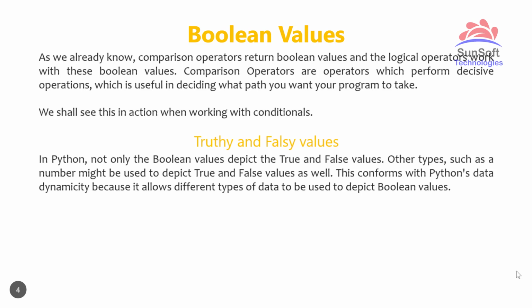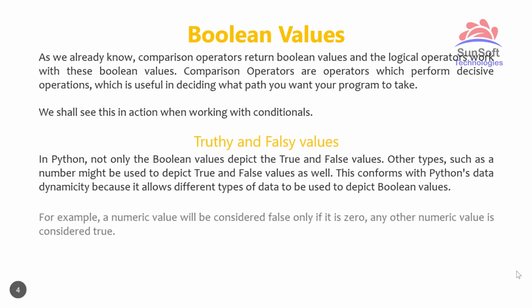This conforms with Python's dynamicity because it allows different types of data to be used to depict Boolean values. A numeric value can be considered false only if it is 0. Similarly, container values will be considered false only if they are empty. Any other numeric value will be considered true.